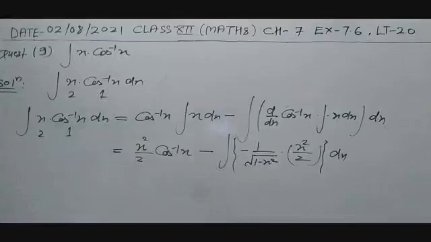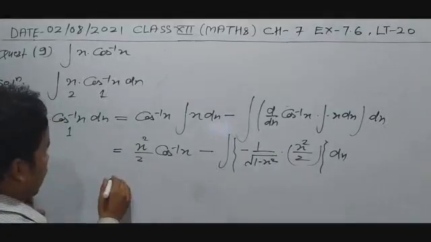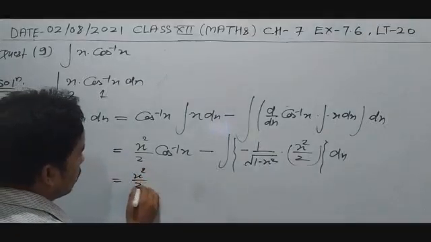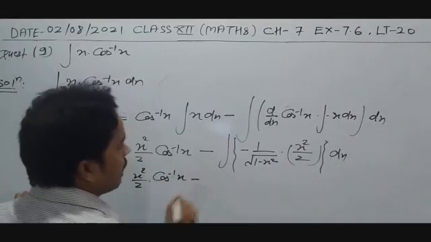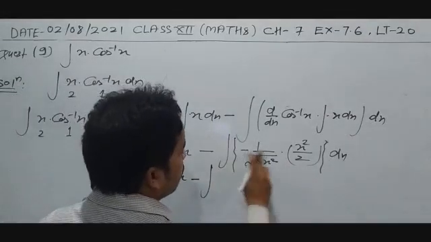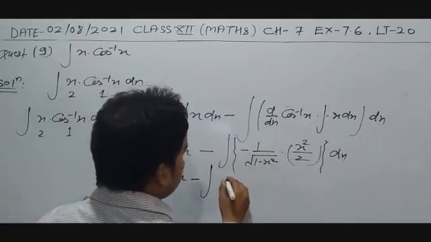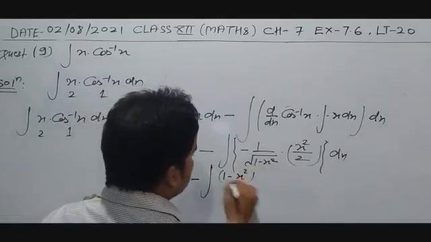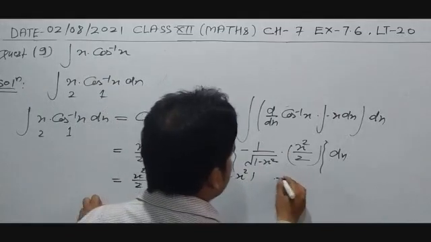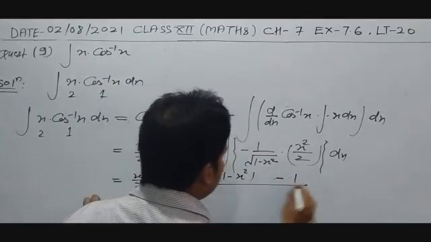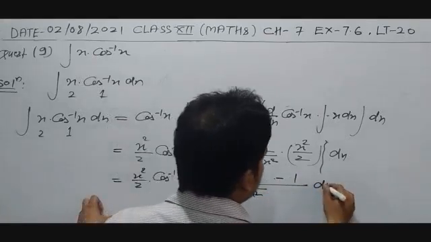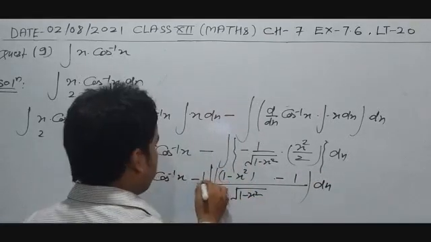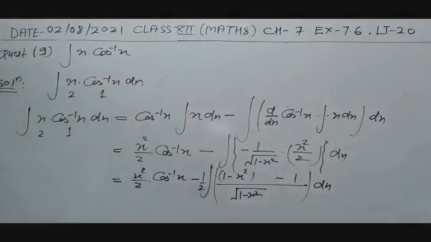Now you can write x square by 2 cos inverse x minus integration of this one; we can write x square as 1 minus x square, now minus 1, whole upon root over 1 minus x square, whole dx, with 1 by 2 outside the integral.